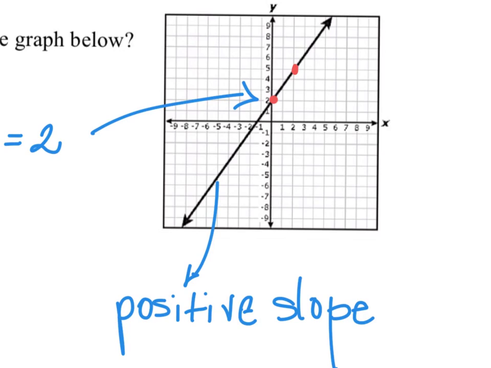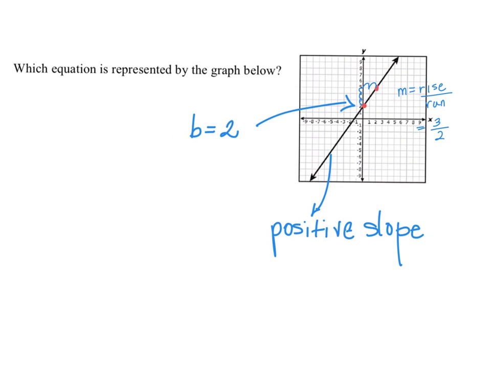We select another point in the line, and when we find rise over run, we will look at the spaces needed to move from 2 to 5 along the y-axis and from 0 to 2 along the x-axis. That gives us a slope of 3/2.